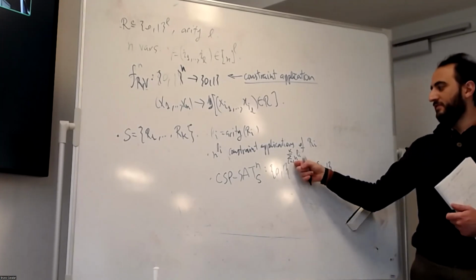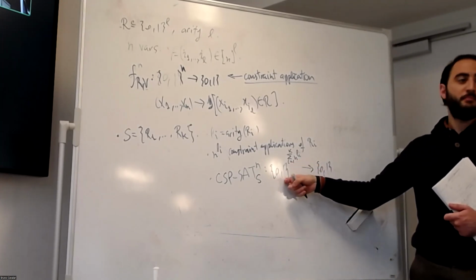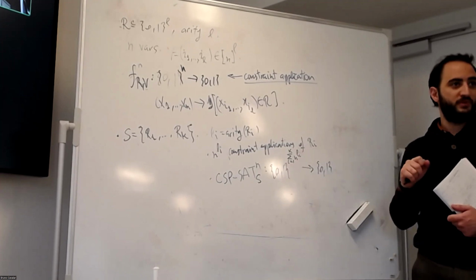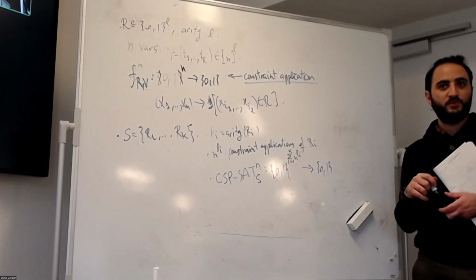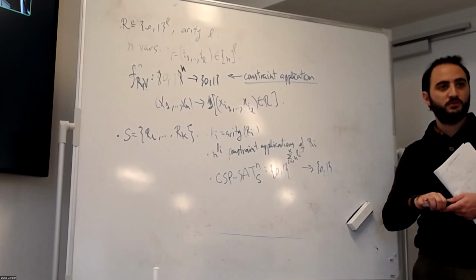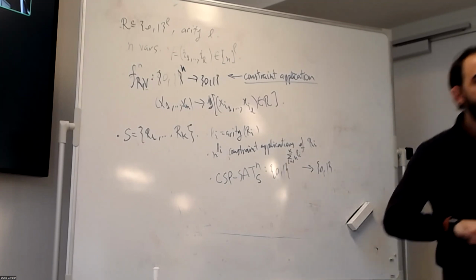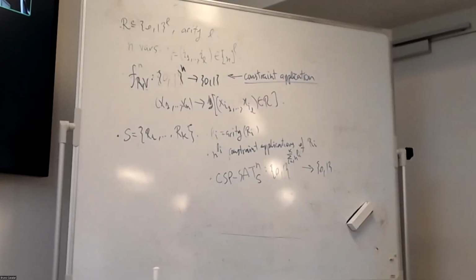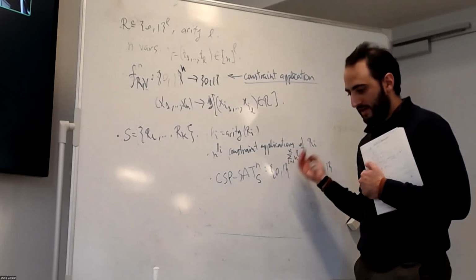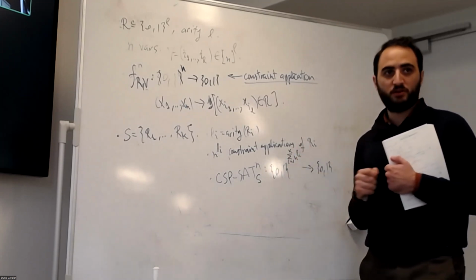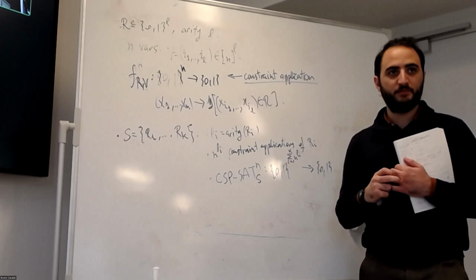So here we have a bit for every possible constraint application. Does it indicate whether this constraint is required? The bit is denoting that that constraint application is in your constraint system that you want to satisfy.